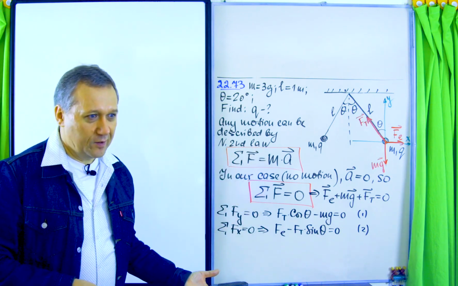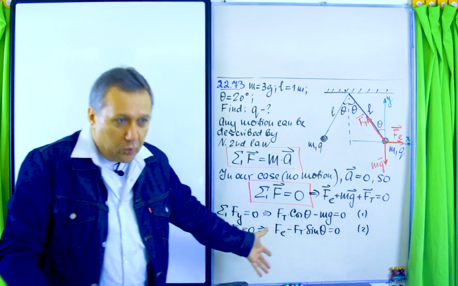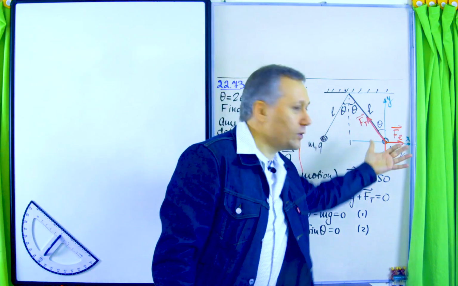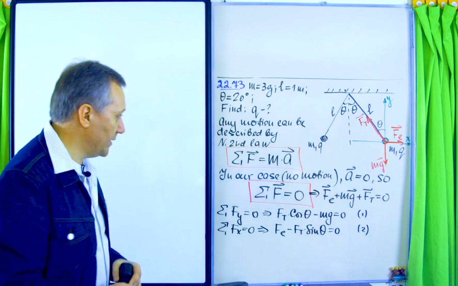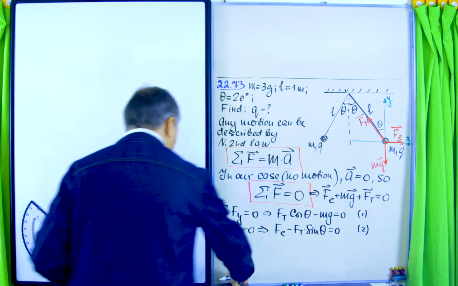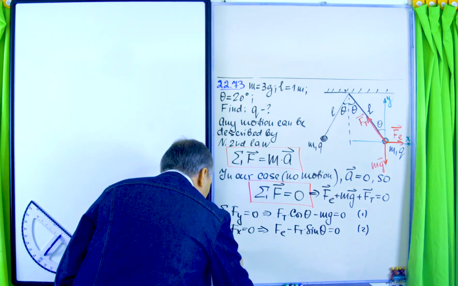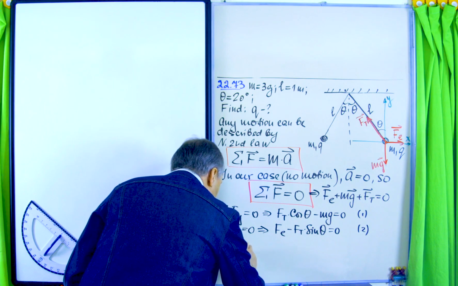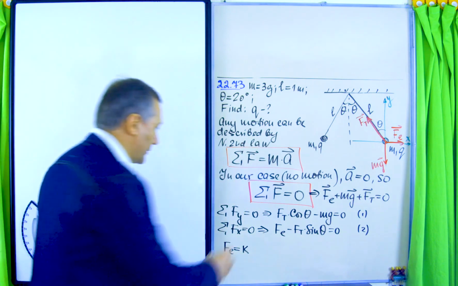And of course, what can be used in order to write the electric force? Coulomb's law, because we have two point masses. So we can apply Coulomb's law directly. So let me write Coulomb's law underneath: F electric equals k. Charges are the same, Q and Q, so it will be just Q squared.